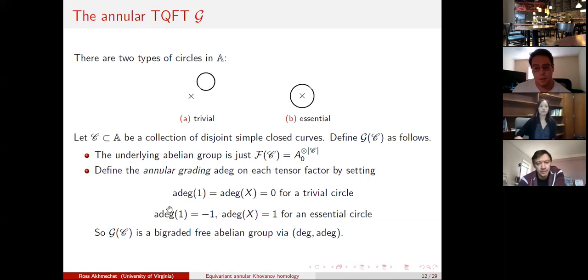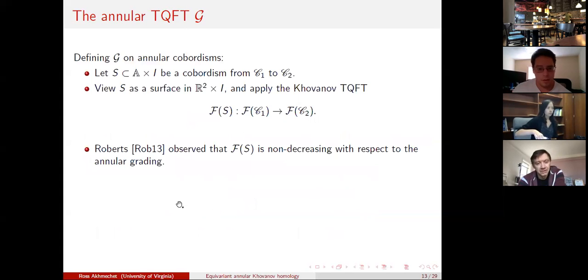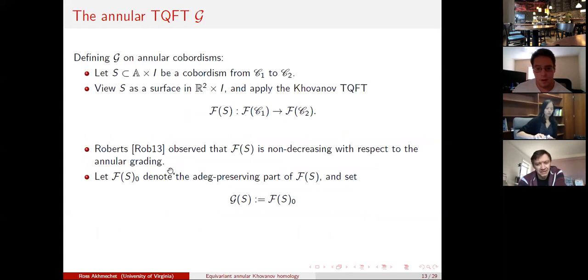And then you take an increasing or decreasing filtration. That depends on, let's see, here it's non-decreasing. So when you take some kind of adjoint map, you get an invariant of cobordisms in the annulus.